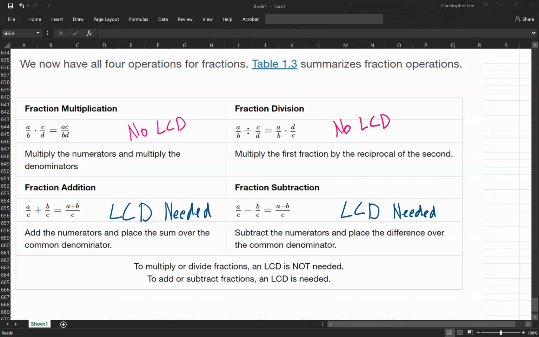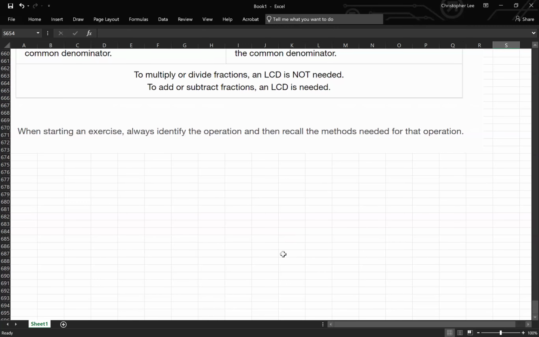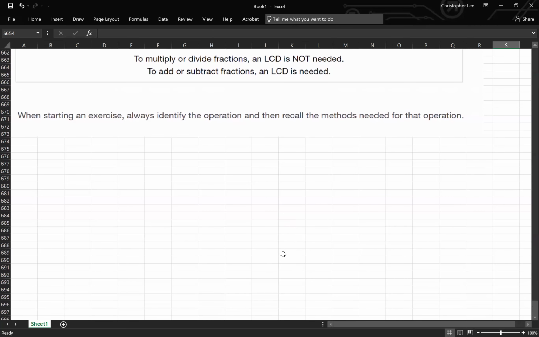All right, let's do an example real quick. Also, when starting an exercise, always identify the operation and recall the methods needed for that operation.